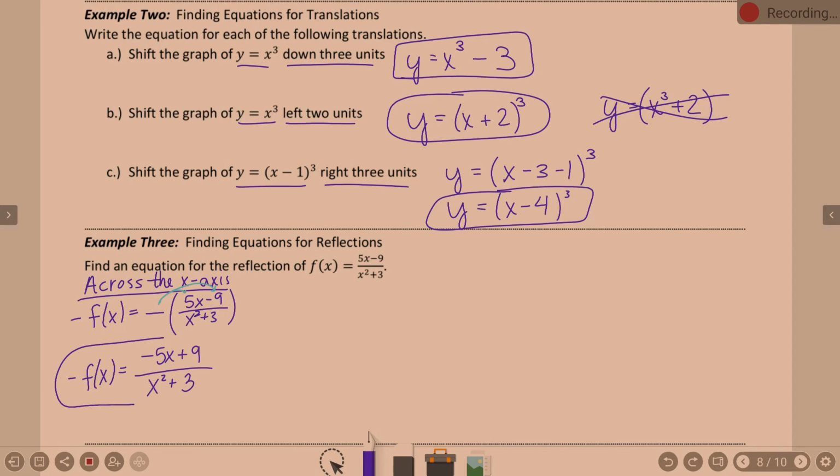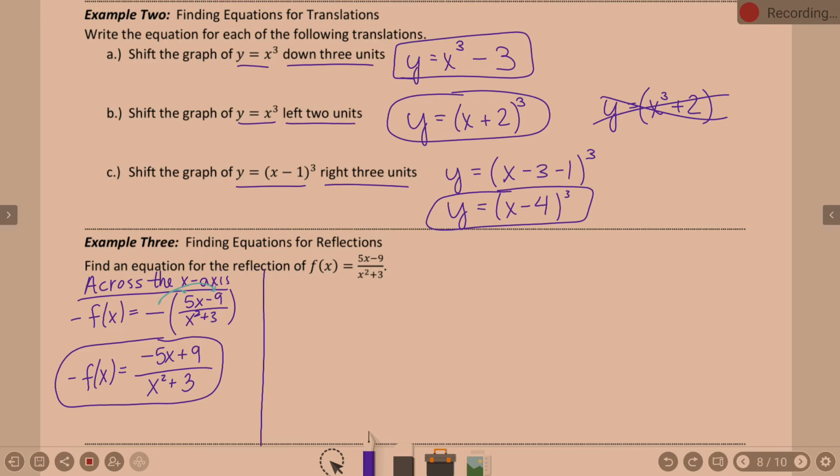Negative 5x plus 9 all over x squared plus 3. Okay, that was reflection across the x-axis.